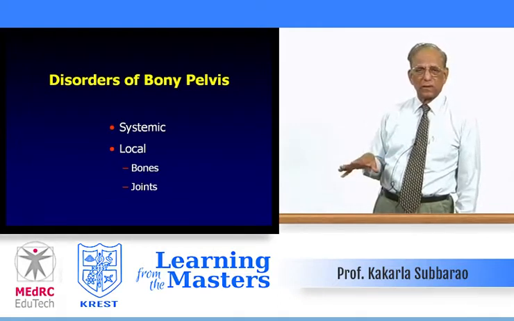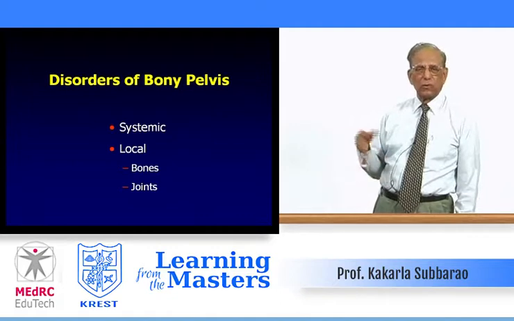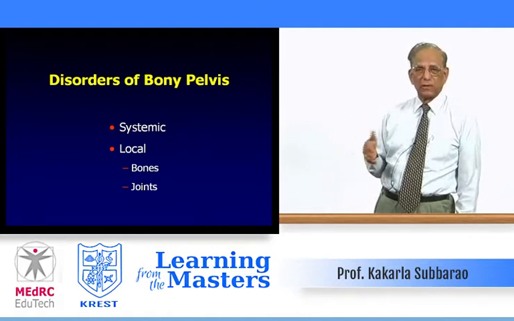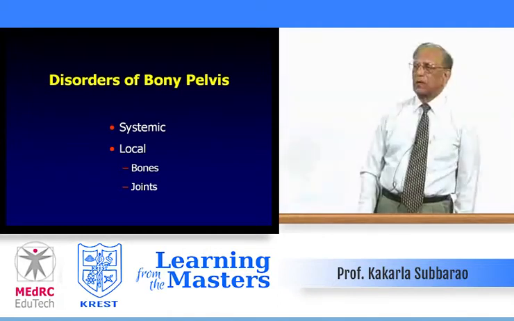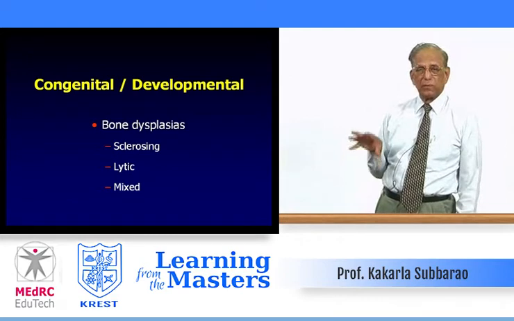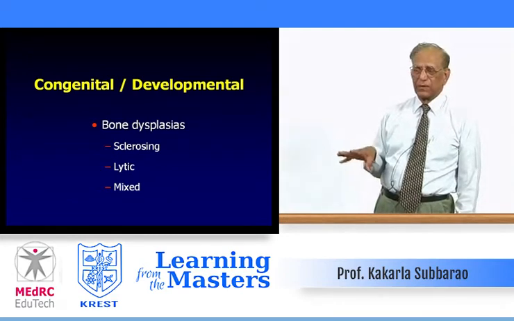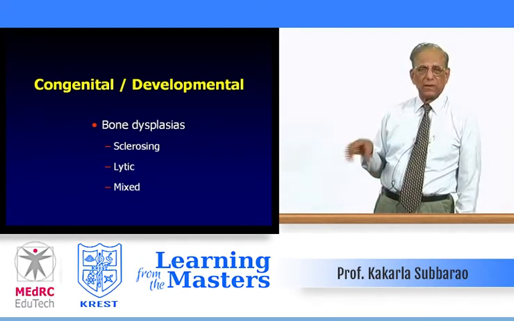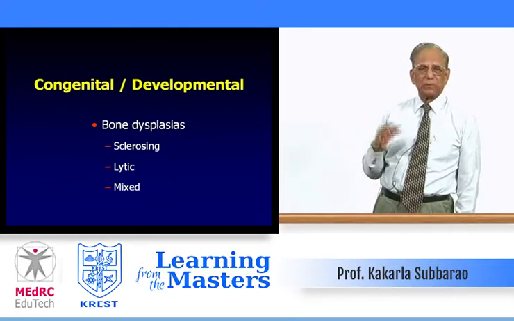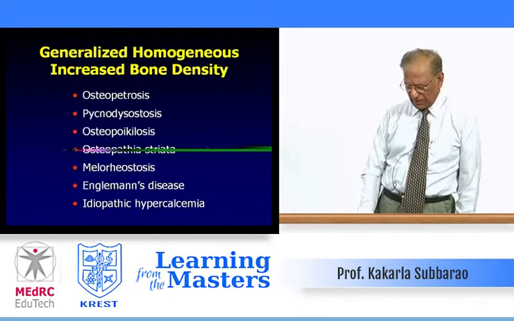Local causes of the bones and joints: bones, tumors, trauma, joints, any type of arthritis. Amongst congenital or developmental causes, bone dysplasias form the biggest chunk. The manifestation in the bone may be sclerosing, lytic, or mixed, both sclerosis and lysis.